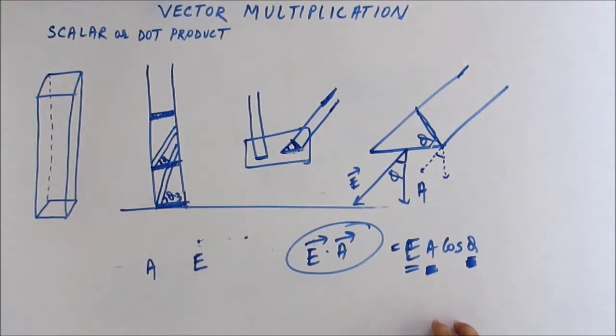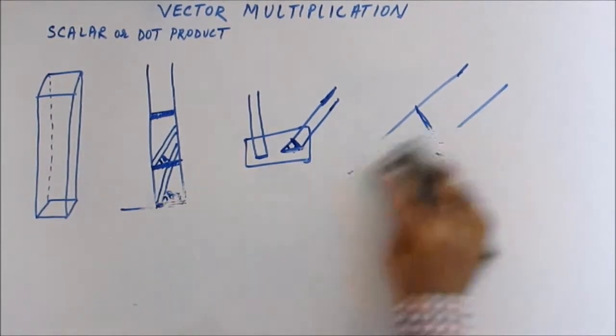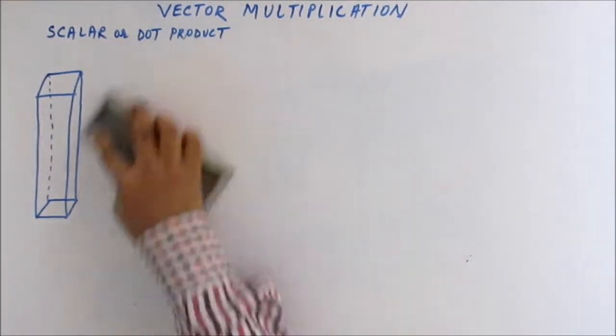Fine. So this is the demand of the physical situation to define something like this, because simple multiplication, the arithmetic that we have studied, one quantity into another quantity, is not going to work in a situation like this. So we define a multiplication which is E into A, or A into B into cos theta. I'll cite one more instance in which such a thing would be demanded.